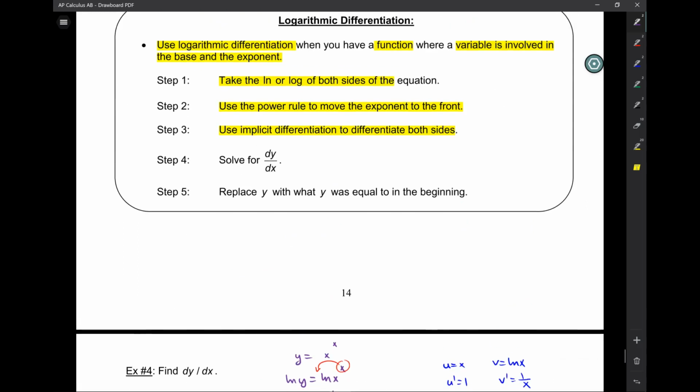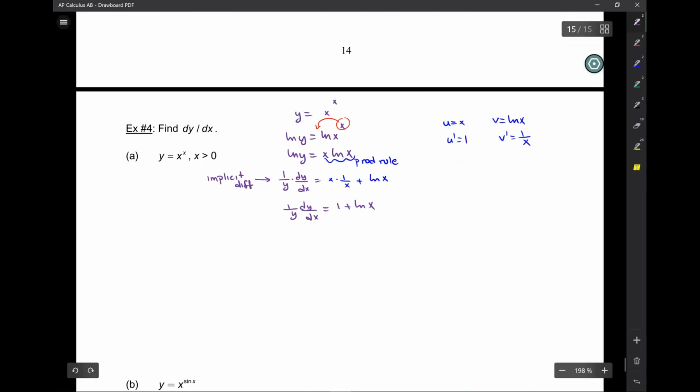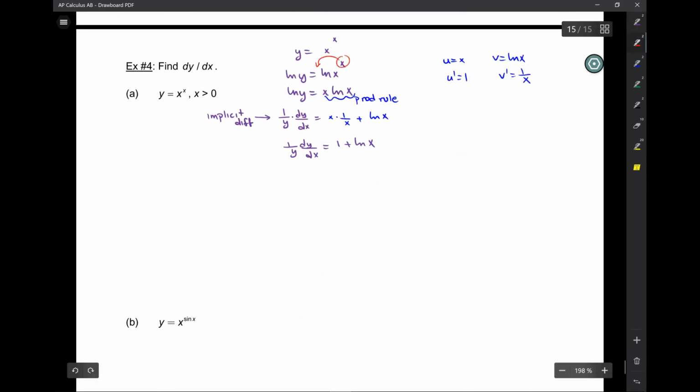Step 4 is solve for dy/dx. To solve for dy/dx, I'm going to multiply both sides here by y. So dy/dx is 1 plus ln of x, times y. But now, I can't have y show up as a variable in my derivative.